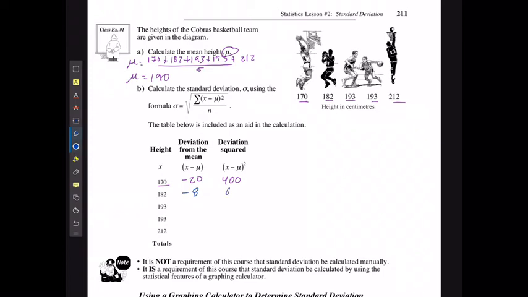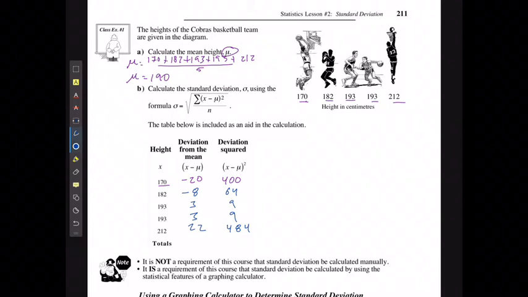When I square that, I get 64. 193 take away 190 is going to be 3, and I square it and get 9, and that's going to be the same for this one. And 212 minus 190 is going to give me 22. When I square that, I get 484.